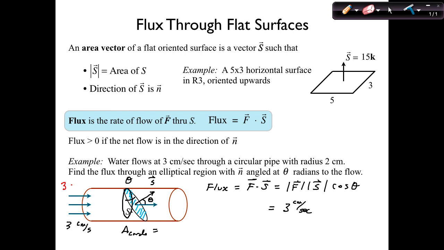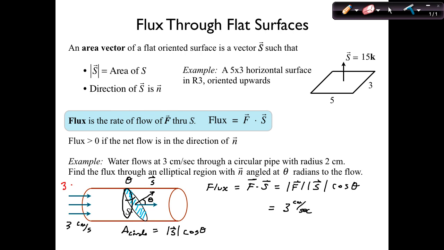It's going to be the area of my hypotenuse times cosine theta, since cosine is adjacent over hypotenuse. I'm just using triangle trig here, but instead of the length of the sides, I'm using areas. Do you follow it?